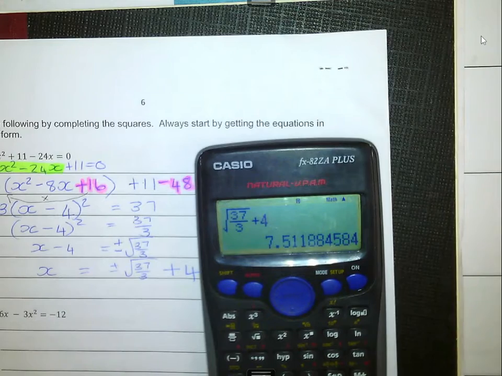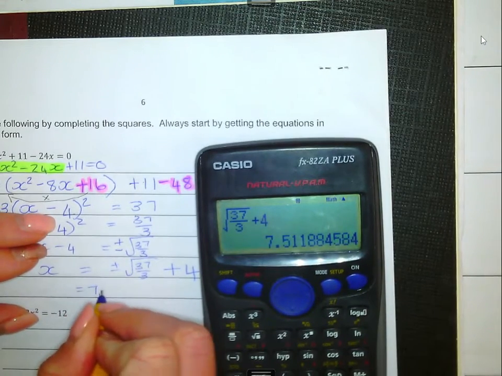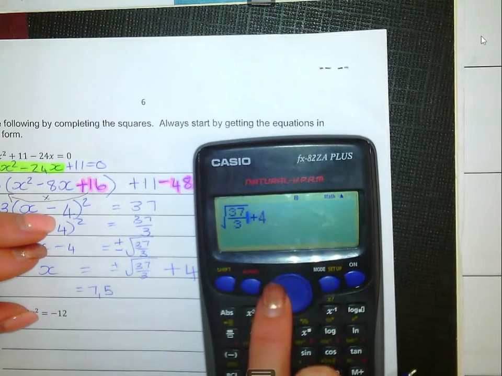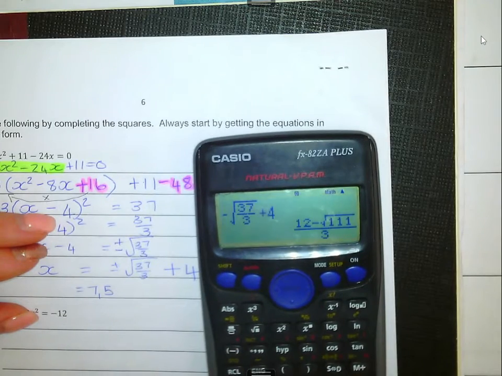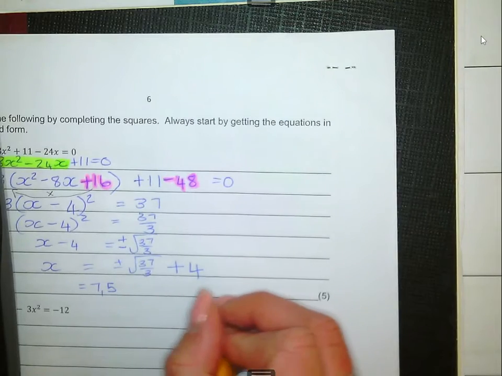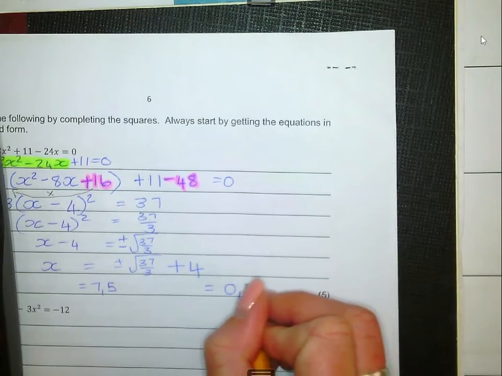Convert it. My answer is 7,5, or I go back on my calculator, put a negative in the front, and my other answer is 0,5.